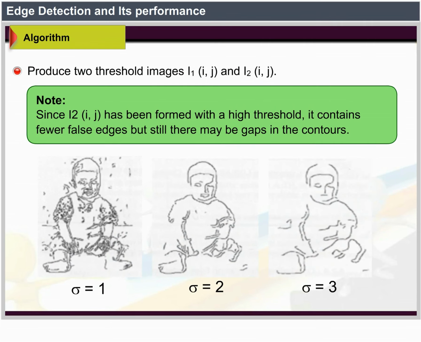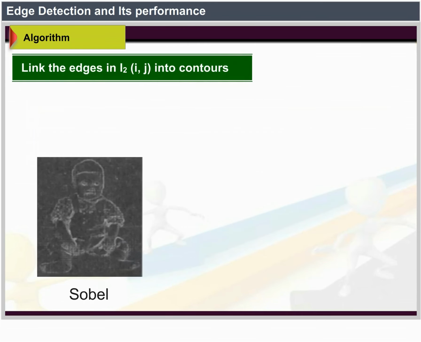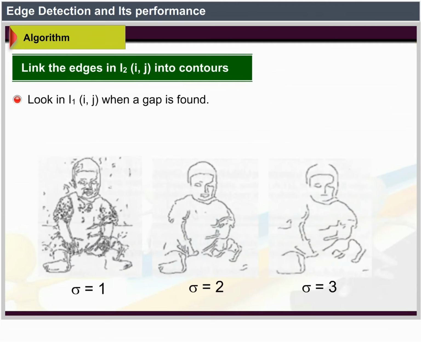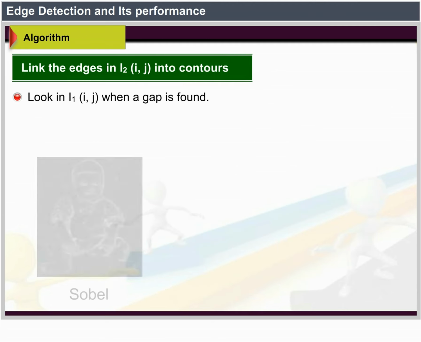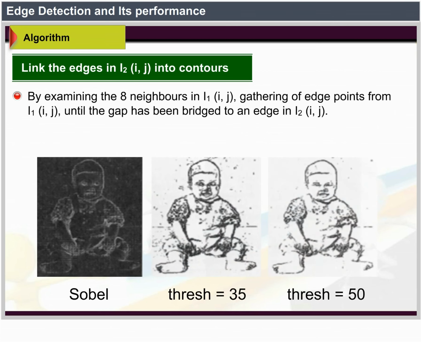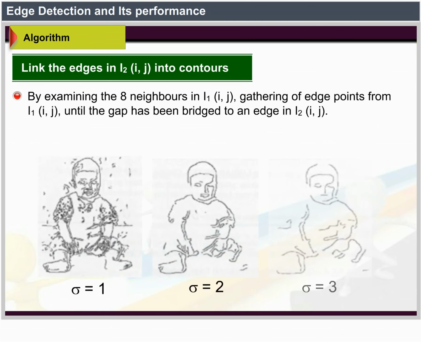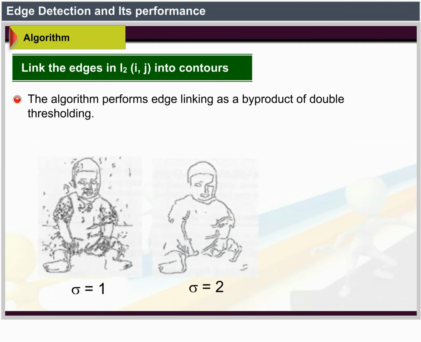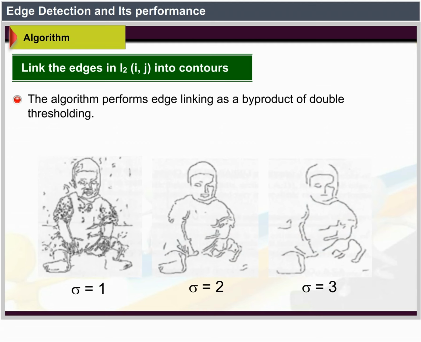Link the edges in I2 into contours. Look in I1 when a gap is found. By examining the 8 neighbors in I1, gather edge points from I1 until the gap has been bridged to an edge in I2. The algorithm performs edge linking as a byproduct of double thresholding.